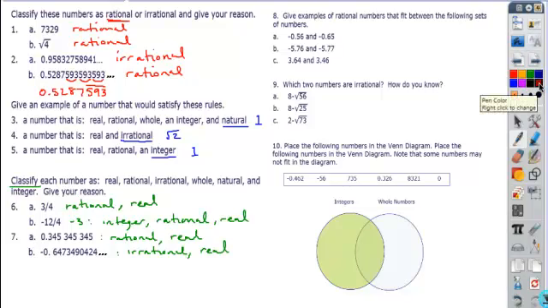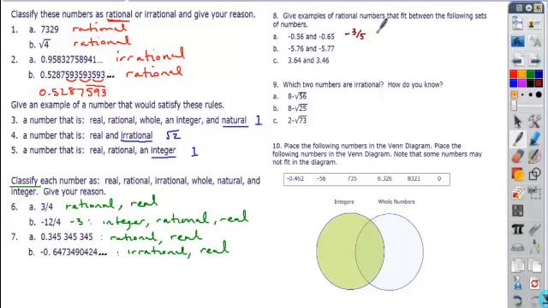All right, moving up to 8. You want to pick values that fall between these two limits. The group picked -3/5. Is that true? Does -3/5 fall between -0.56 and -0.65? Yeah, because the value is -0.6, right? So that fits.